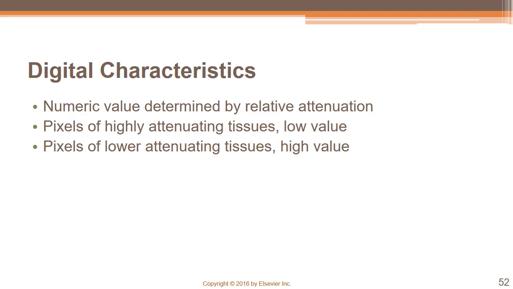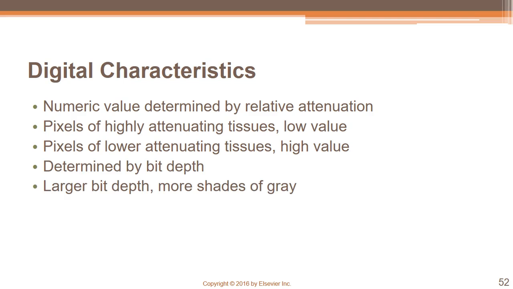Each pixel also has a bit depth, or number of bits, that determines the amount of precision in digitizing the analog signal, thus controlling the exact pixel brightness that can be specified. So the larger the bit depth, the more shades of gray are available. Bit depth is determined by the analog to digital converter that's a component of every digital imaging system.